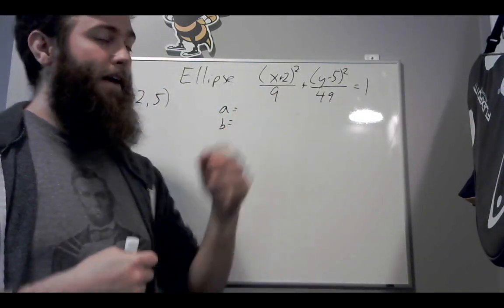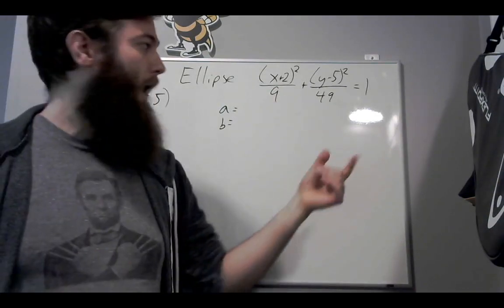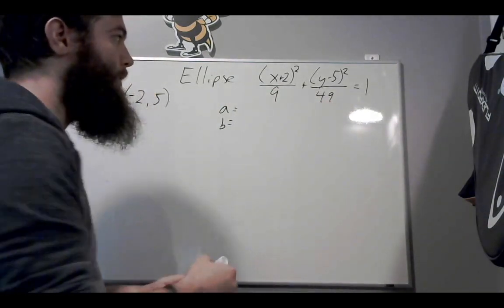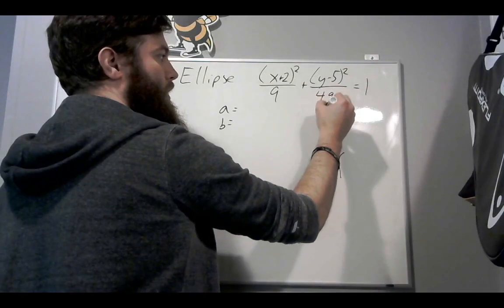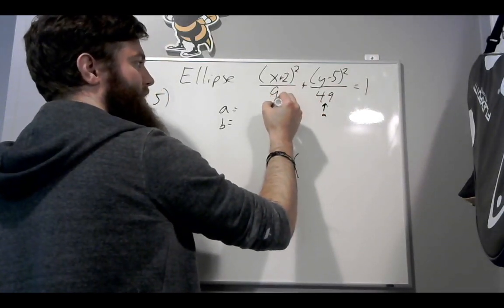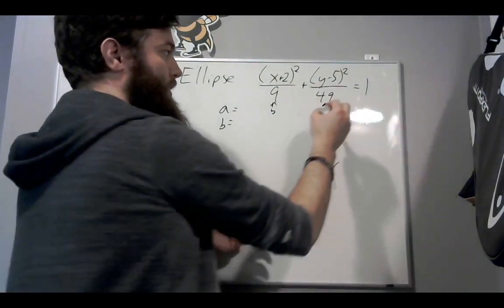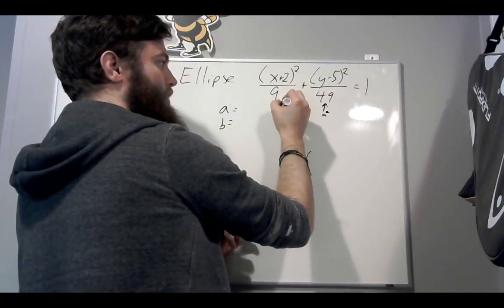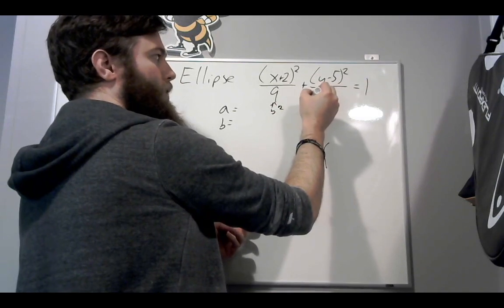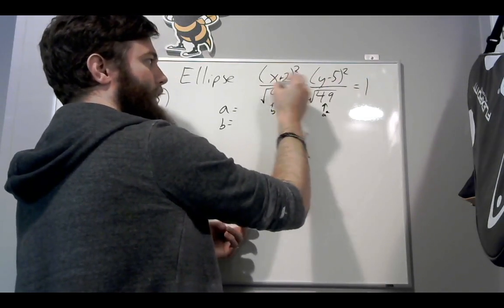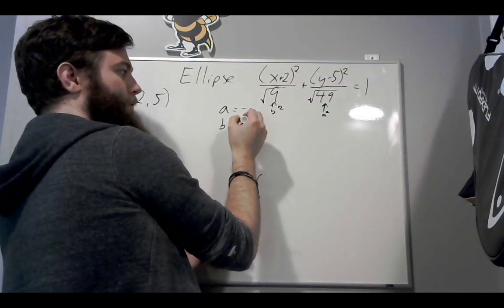So looking at this, that 49 is larger than 9. So my a is going to come from this 49. So my b has to come from this 9. But remember that this is actually a squared and this is b squared. So I just need to take the square roots of these two numbers to find a and b. So a is going to be 7, b is going to be 3.